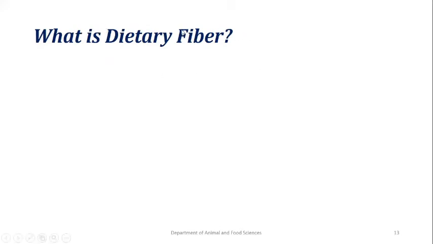In biochemistry also you haven't learned anything about dietary fiber, I think. We cannot explain or describe the biochemistry, meaning the structure of dietary fiber, as this is a kind of nutritional concept.